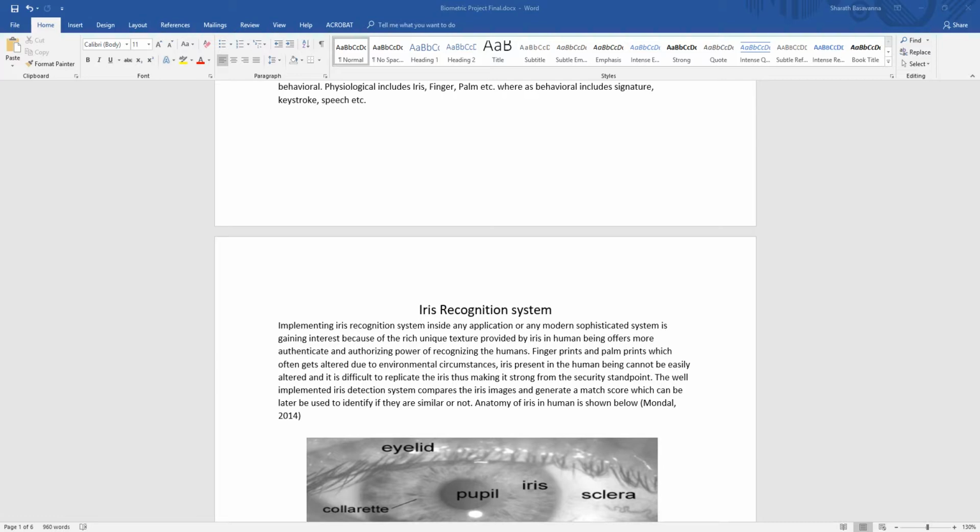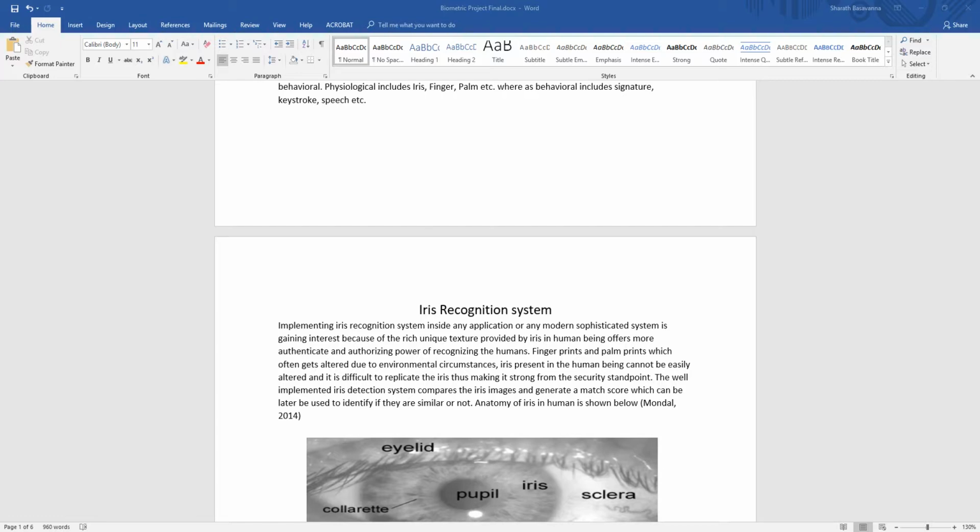Instead of a fingerprint unlock, it unlocks the phone based on the iris scanner, and that happens instantaneously, within milliseconds. They are doing a lot of research and pioneering in the field of iris recognition systems.